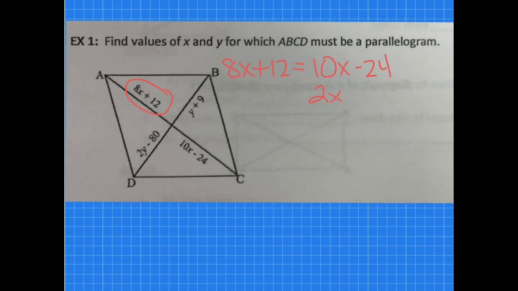So 2x equals 36, 18 equals x. We also know that the same is true for the other diagonal. So 2y minus 80 must be equal to y plus 9. So y equals 89.